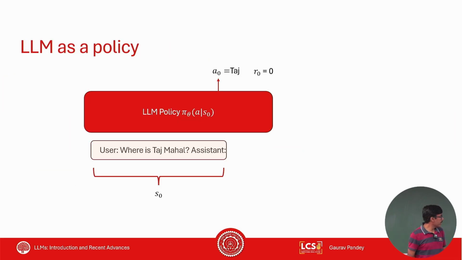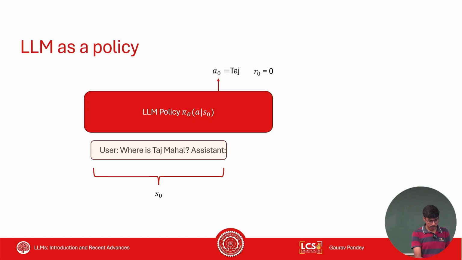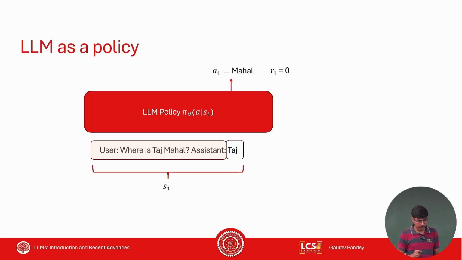And again, the next few slides are showing the LLM policy as an example. In the first token, let's say "the Taj" was generated when you gave only the prompt as input, and you did not get any reward because the response has not completed. In the next token, conditioned on "the Taj", "Mahal" is generated.